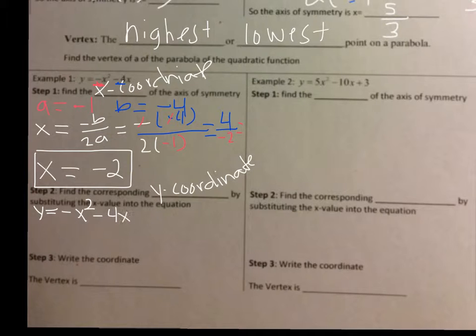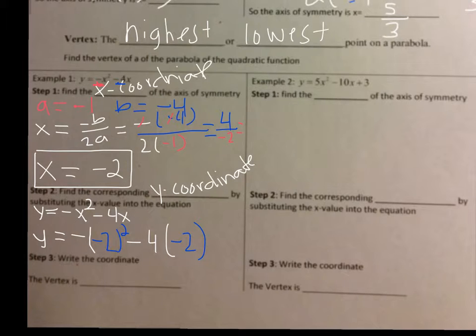What we want to do here is substitute this x, this negative 2, everywhere that we see an x. So y is equal to negative, instead of the x, I'm going to put a negative 2 squared, minus 4 times, instead of the x, a negative 2.